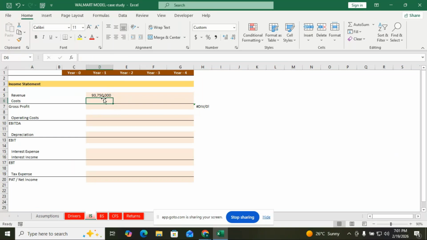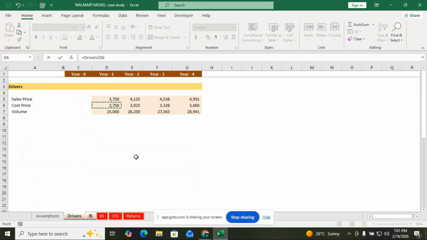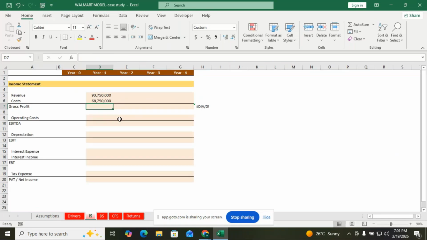And cost also in the same fashion. Equals to, go to the drivers, cost price per unit into total volume sold. And from the second year onwards, the same thing. You do it for the first year and you take care of the rest of the years. Again, compute the cost for the first year, take care of the rest of the years.